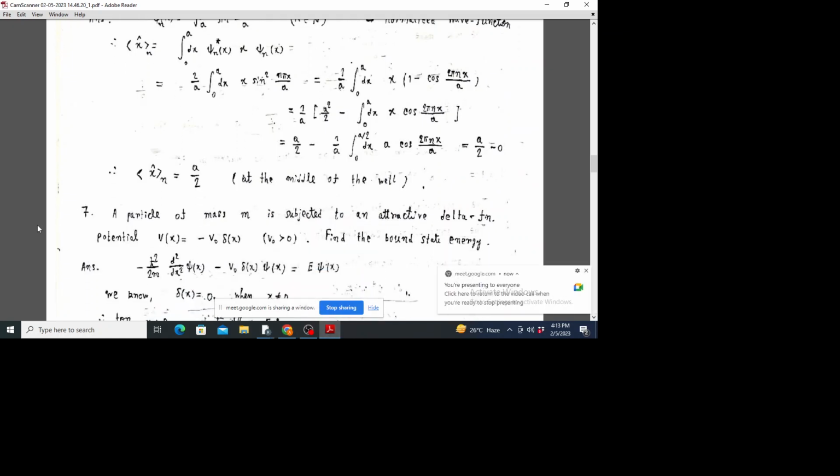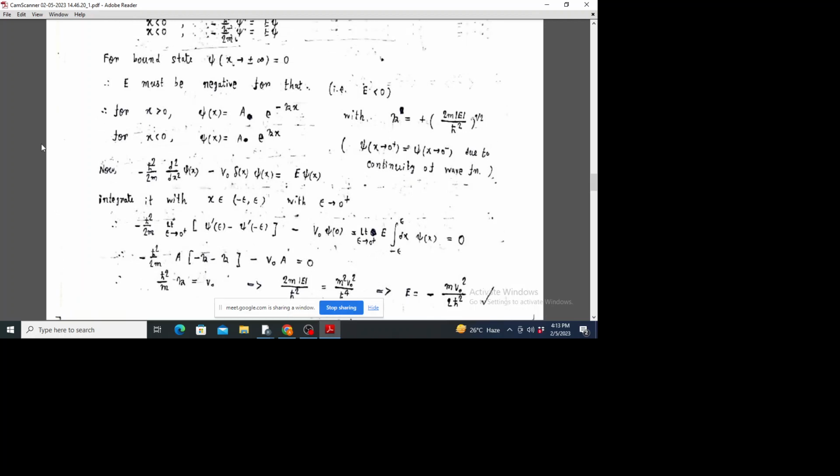Do you know how to derive this energy state? Yes, sir. Well then, actually, sir, please explain Dirac delta potential. Okay, yes, I'll do that quickly.